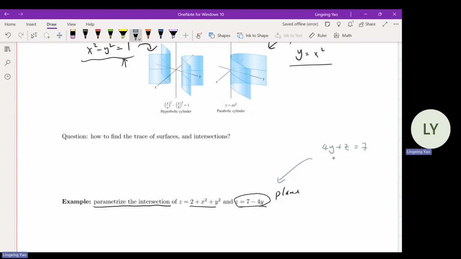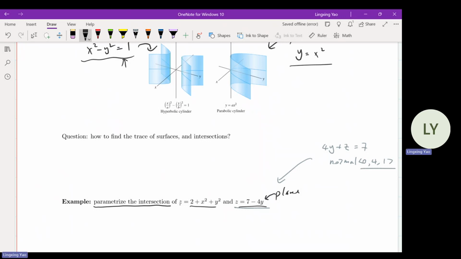And the normal vector is (0, 4, 1). Okay, so this is a plane equation. If you write it as z equals 7 minus 4y in 3 dimensions, this is a plane equation.